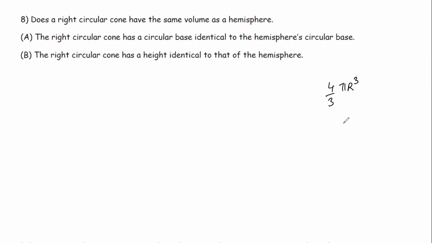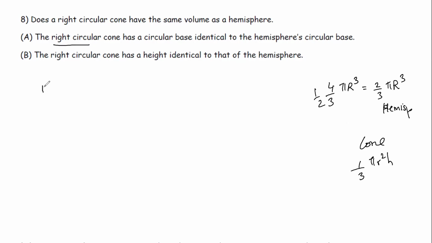That is for the sphere. So the hemisphere will be half of this. Therefore, the hemisphere will be 2/3 pi r cube. This is for the hemisphere. And for a cone, it is 1/3 pi r square h.